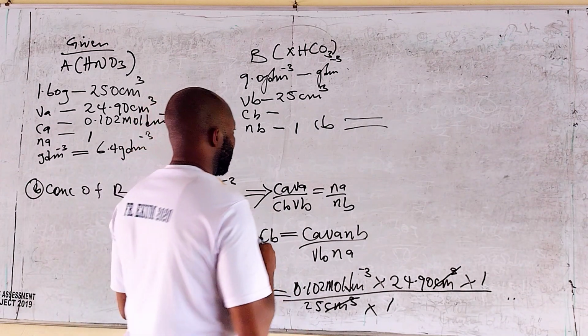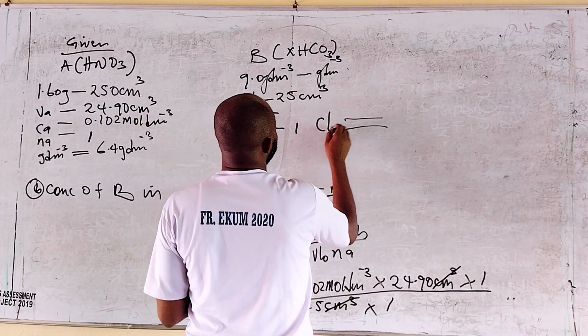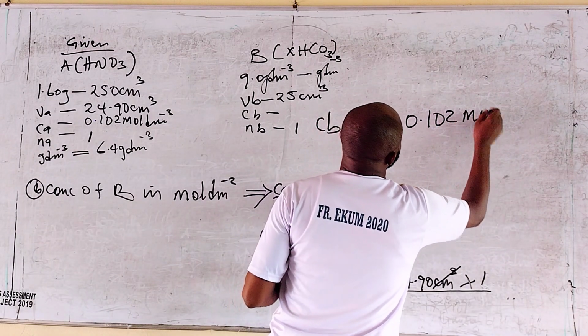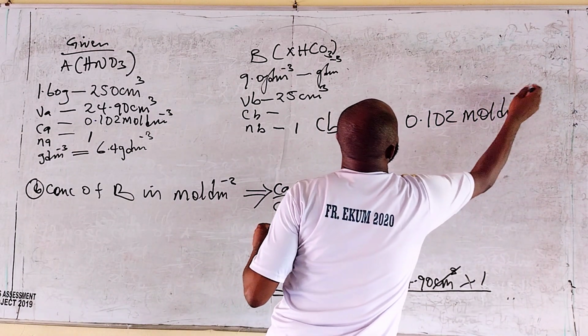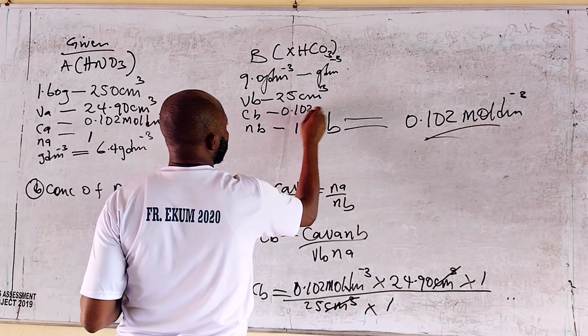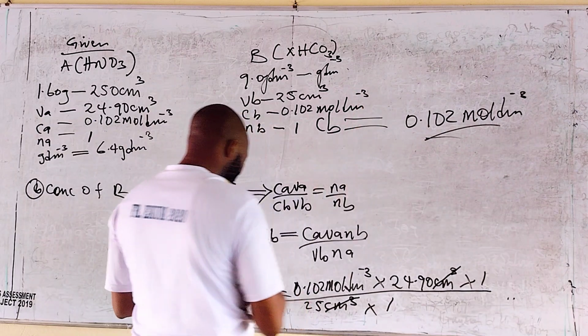That gives 0.102. Wow, what a coincidence. CB is now approximately 0.102 mole per dm cube. So I can easily put here 0.102 mole per dm cube of B.